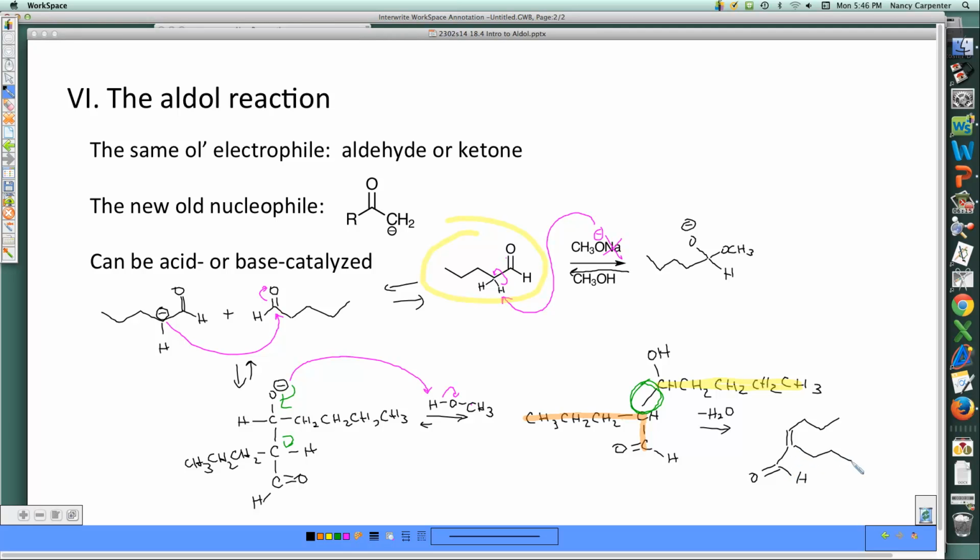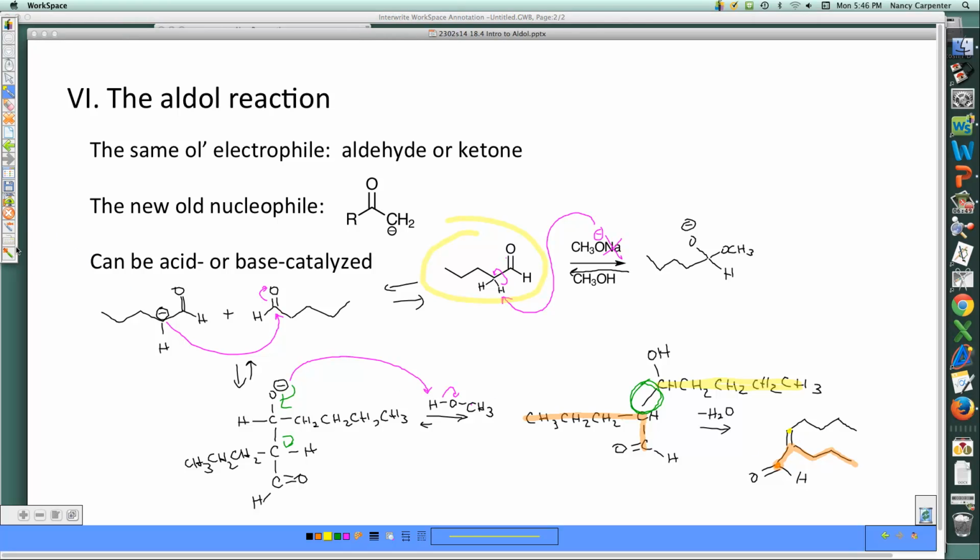I'm moving things around on you, but I'll color code them here again. So my orange enolate aldol is 1, 2, 3, 4, 5. And my yellow electrophile partner of the aldol is right here.